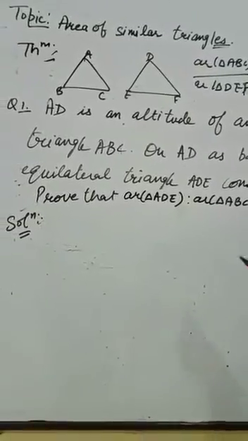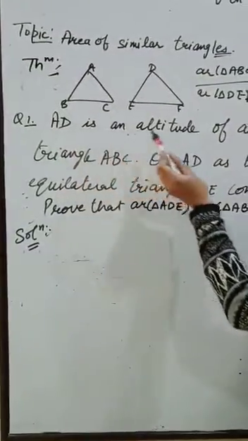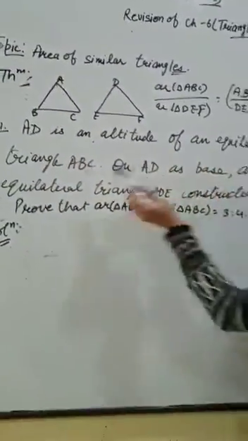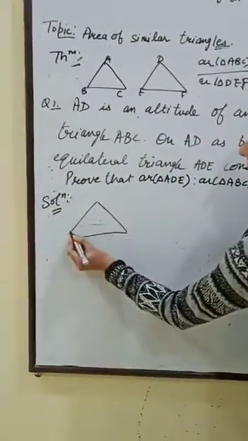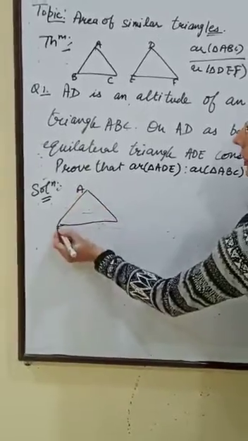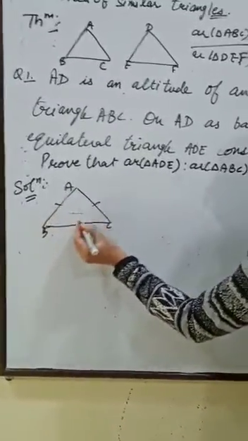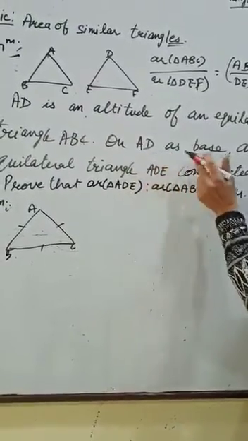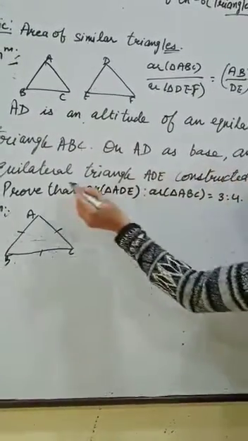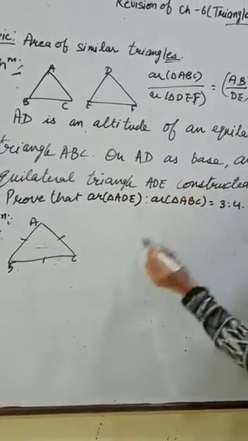So here, the first question I have written: AD is an altitude of an equilateral triangle ABC. So you can see triangle ABC is given as an equilateral triangle, so all sides are equal to each other. Further, on AD as a base, another equilateral triangle ADE is constructed.